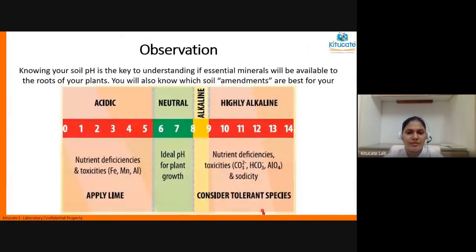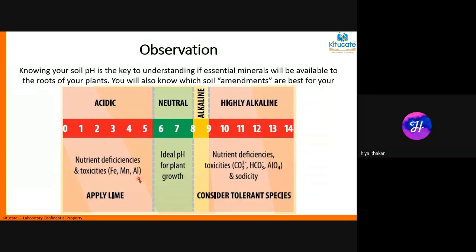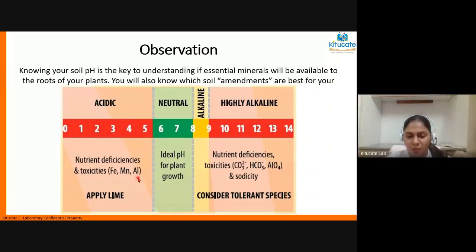We did the soil test. Okay, now I want you all to see this screen. If your soil is neutral, it is ideal for plant growth. When a soil is acidic, there are some nutrients which are deficient in that soil, which are iron, manganese, and aluminium.